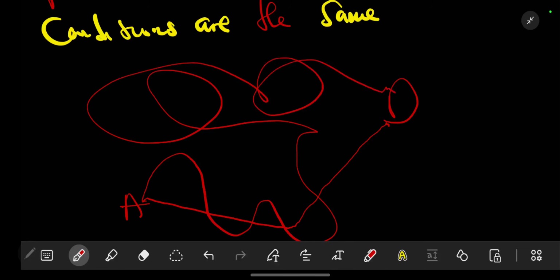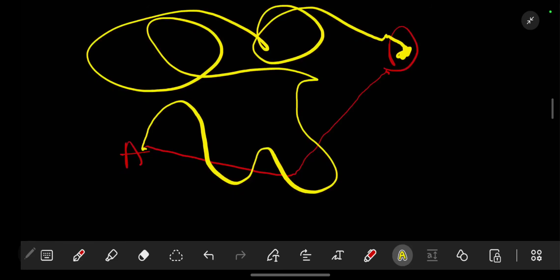We are just interested in the initial and the final position. So this as a result is what we call Hess's Law.